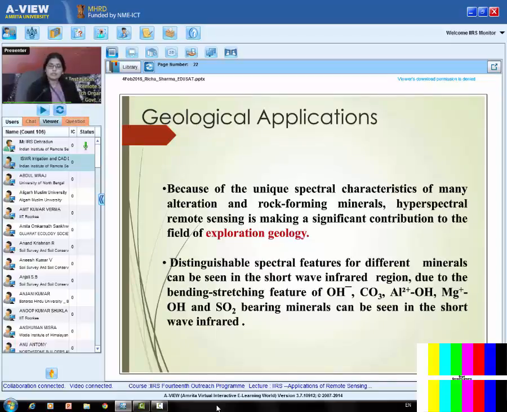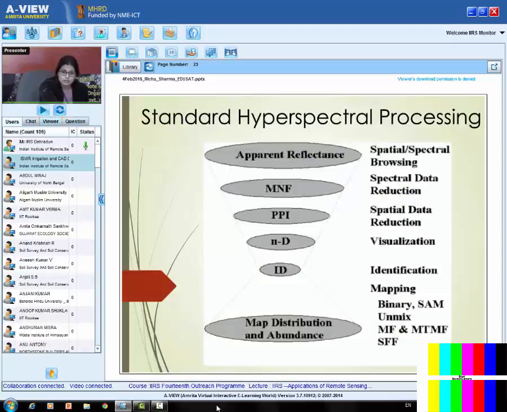With the help of hyperspectral remote sensing, we are able to distinguish the spectral features of different minerals that can be seen in the short-wave infrared region due to the bending or stretching features of OH, CO3, Al-OH bonds, Mg-OH bonds, SO2, and different other bonds present in the minerals.